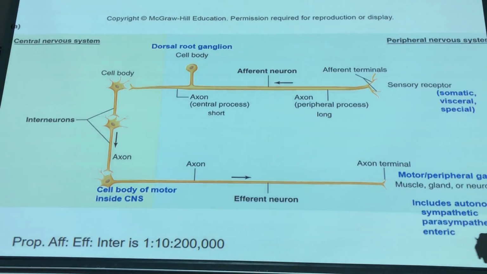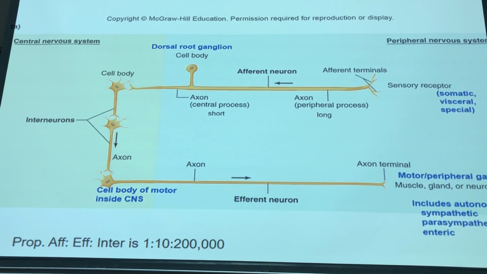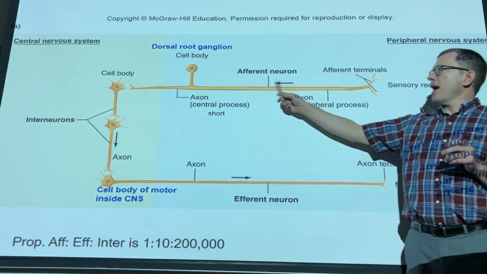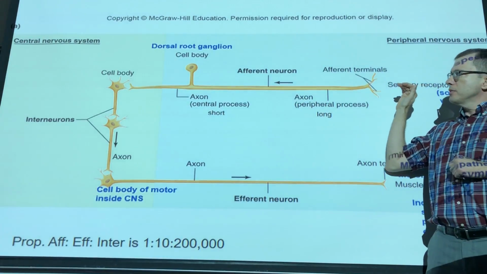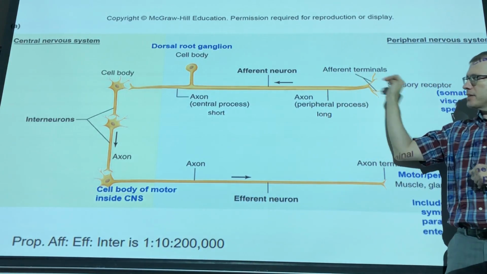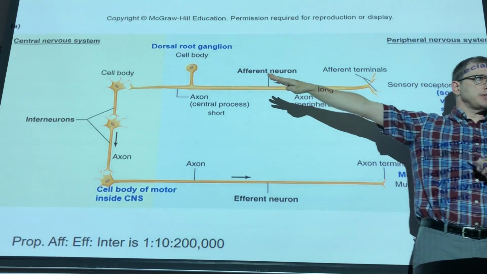If you don't already have the terms down, the terms afferent and efferent are very important. And if you mix them up, afferent is the direction that the signal is going toward the central nervous system.